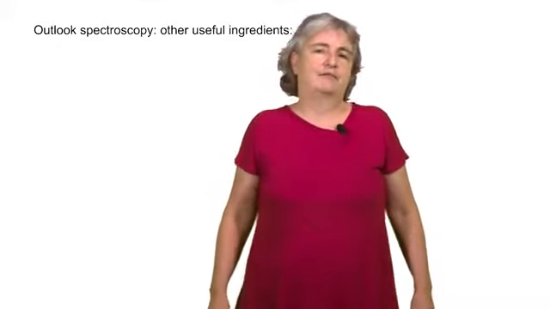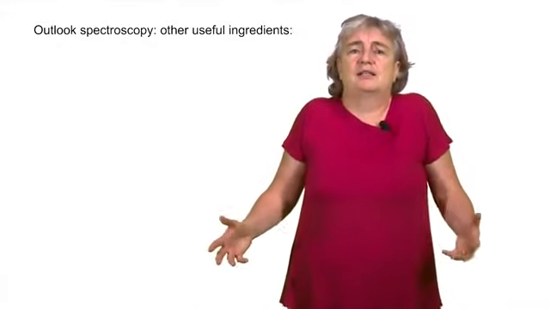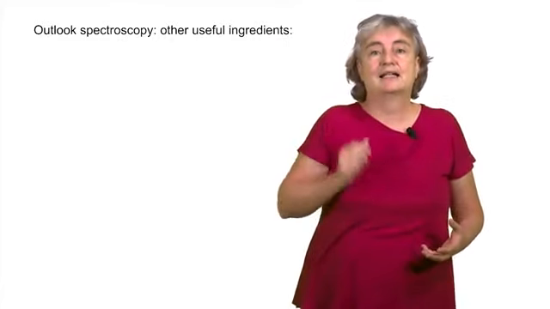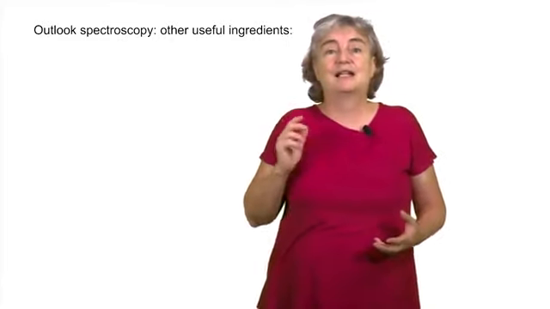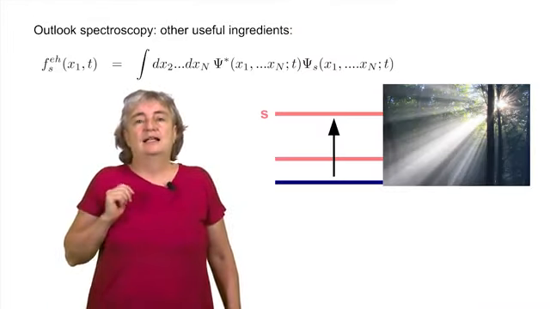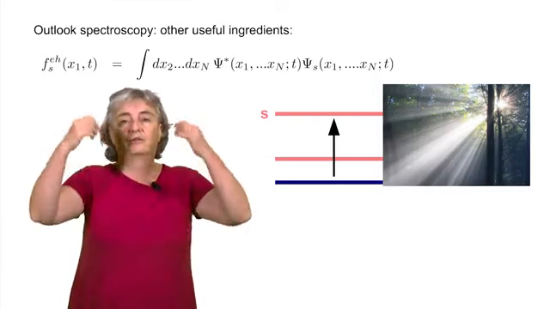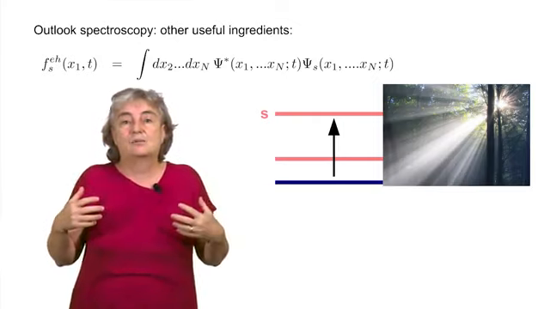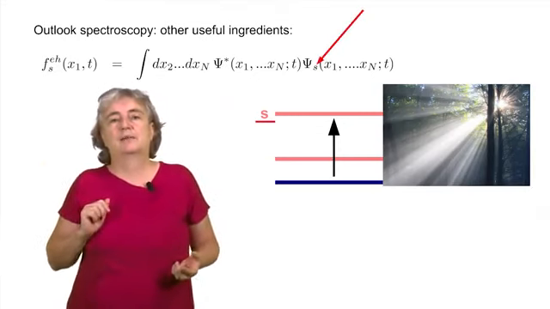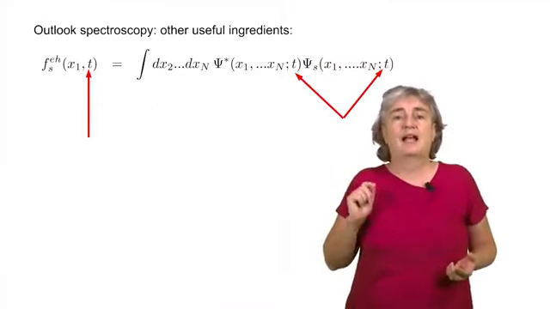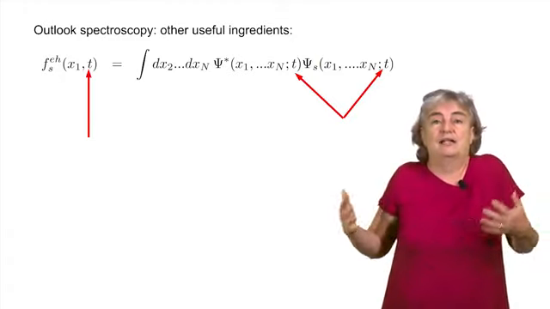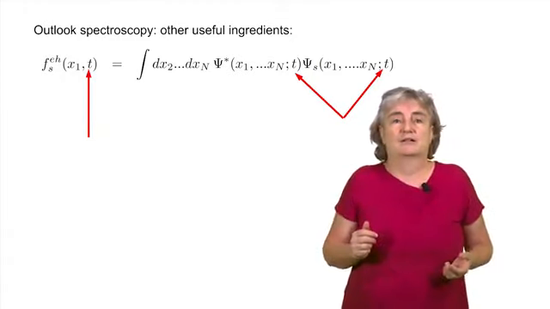We could play this game forever. Say we are interested in spectroscopy, where we excite electrons, for example with sunlight. Then we will have still other things to calculate. A very important fact is that the system will make transitions to excited states. And this is why excited state wave functions will appear, here labeled by an index S. And because electromagnetic fields are oscillating, in general, even the time t will appear.